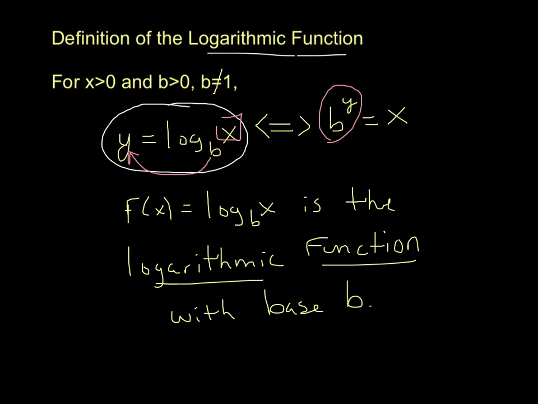So f of x equals log base b of x is the logarithmic function with a base b. Now sometimes if we don't see anything down here where the b is at, that's just going to always be the standard form for a log base 10, which is the normal base. If we change the base of our log to not be talking about powers of 10, then we have to indicate what the value is.